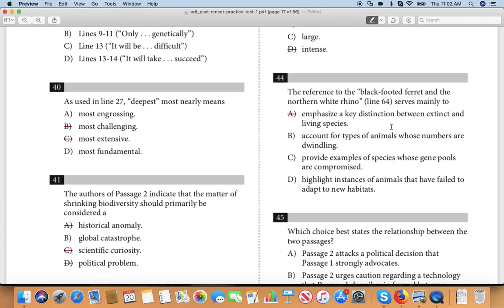Does the reference to the black-footed ferret and northern white rhino serve to do that? Oh, no, sorry. I was getting part of that mixed up. No, it doesn't quite do that. No, and it's so tempting. Isn't it tempting here? Doesn't that sound so reasonable? Except for the only problem with that is that there's no evidence for that.